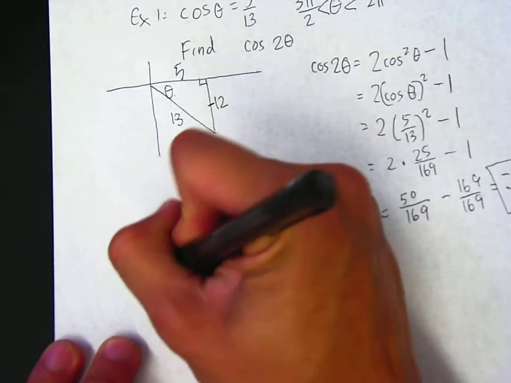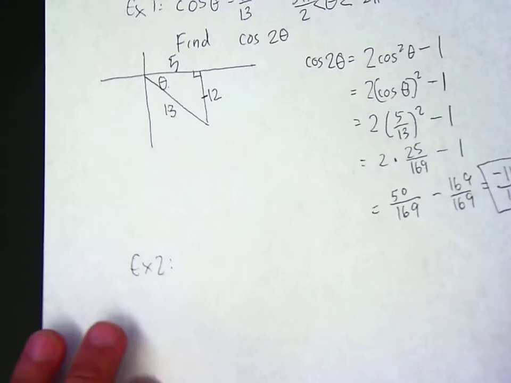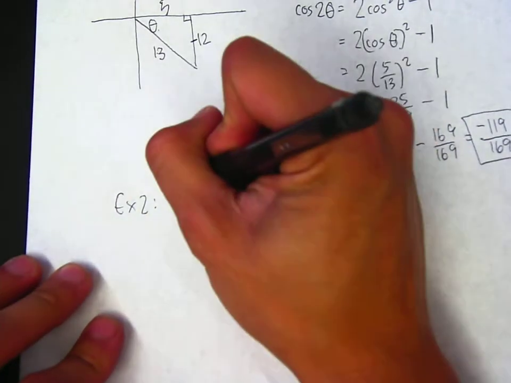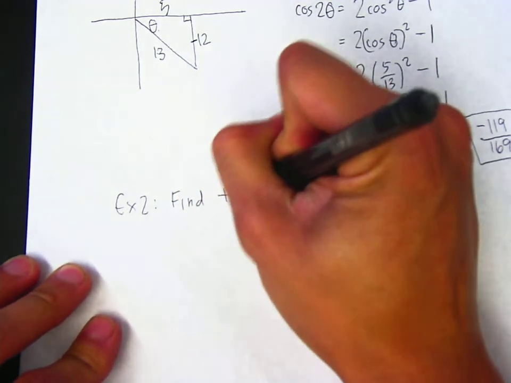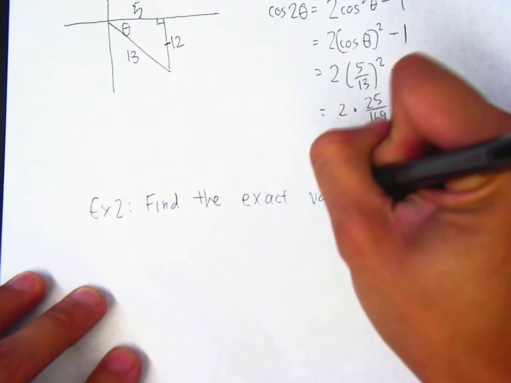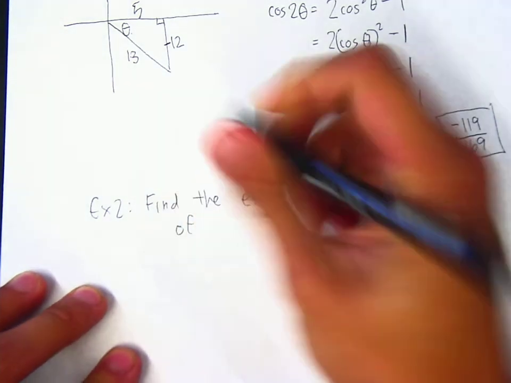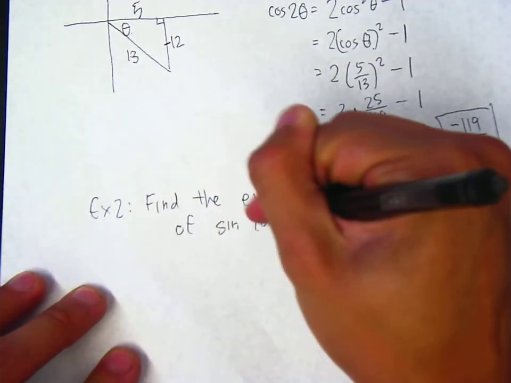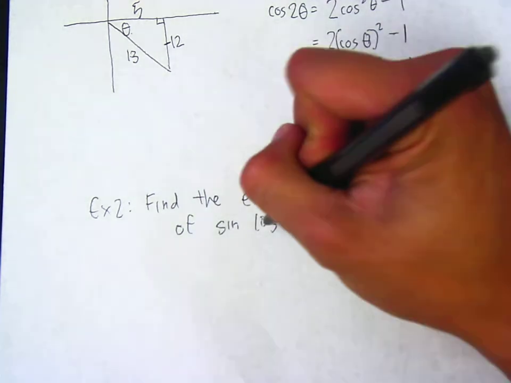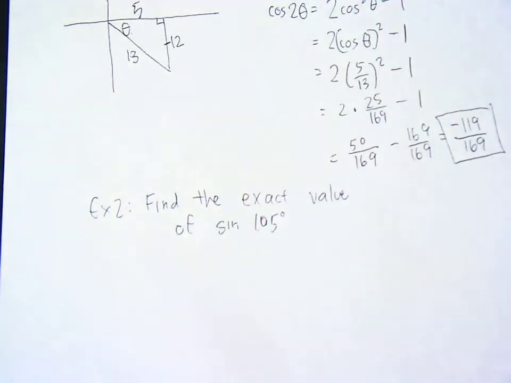Let's do a half angle. Okay, so half angle will be, let's do find the exact value of sine of 105 degrees. Okay, so again, the word exact value means something that I'm going to get from the unit circle. Okay, and as you guys know by now, 105 is not in my unit circle.